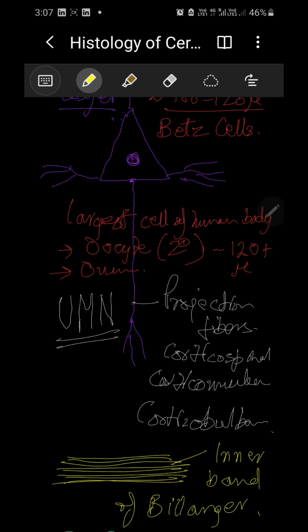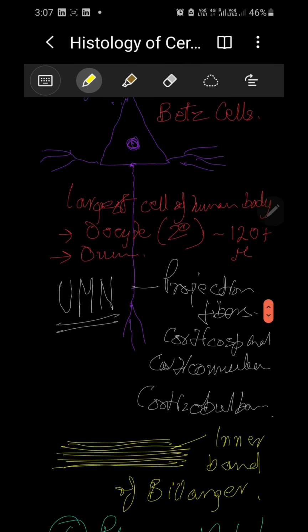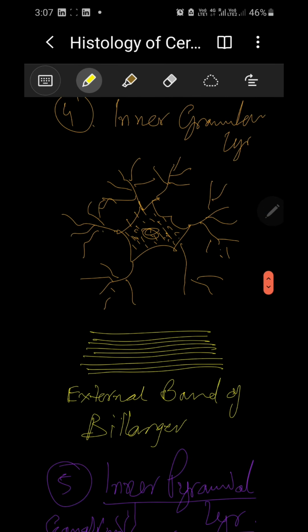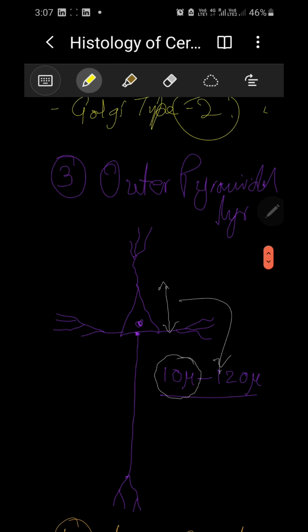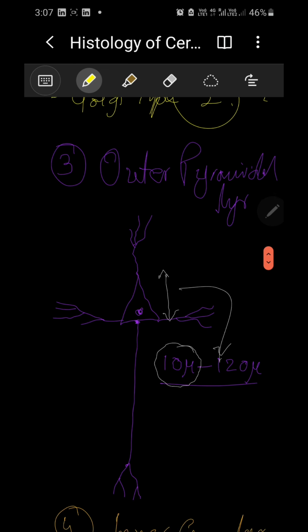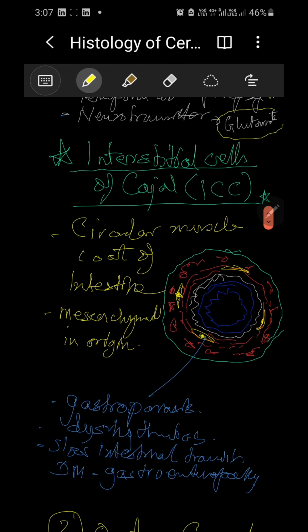And this was about the large pyramidal cells of Betz. Okay. Then this was the inner granular layer, the granulocytes, and this was the outer pyramidal layer, and this was the outer granular layer.